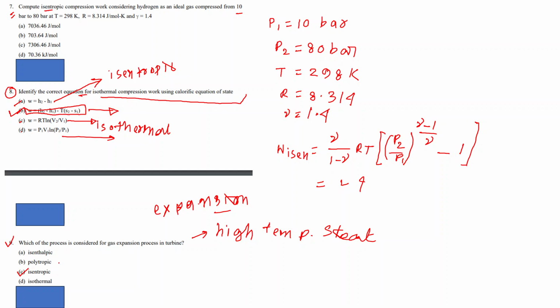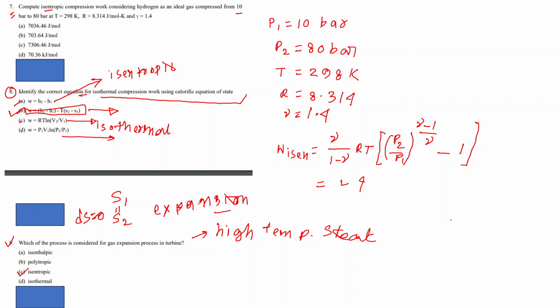Isentropic expansion process means that S1 equals S2, delta S equals 0. But the throttling process is also an expansion process.